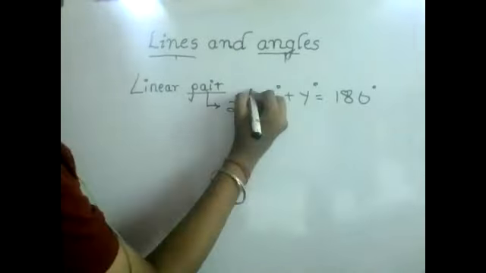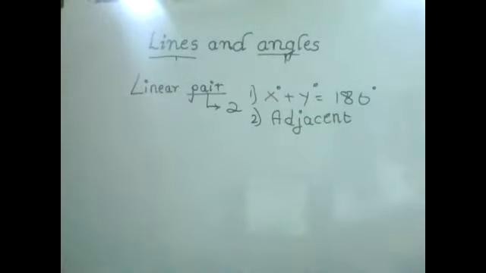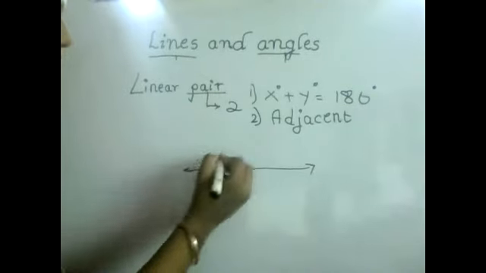The second condition is that they should be adjacent angles. Then we can say the pair of angles is a linear pair. A linear pair is a pair of adjacent angles whose non-common sides are opposite rays. See, for example, we have it like this.